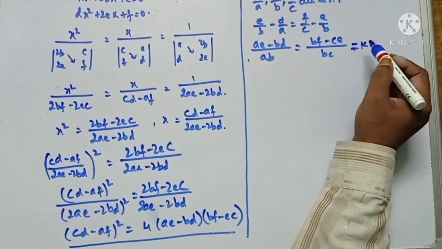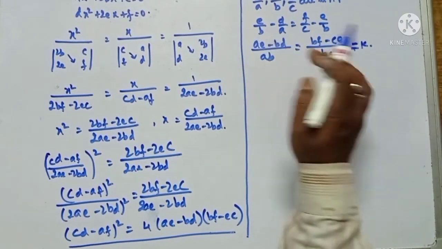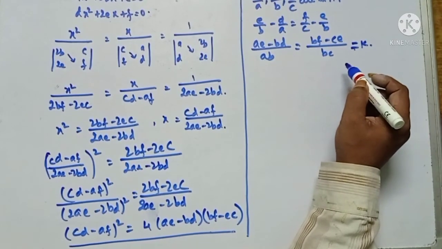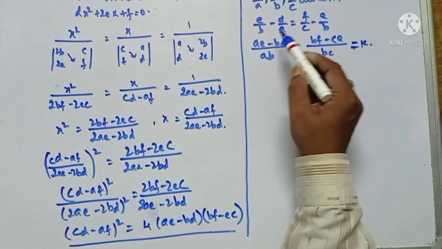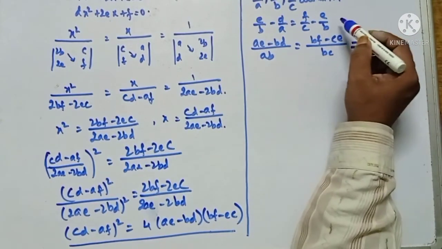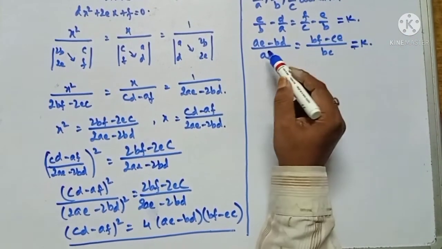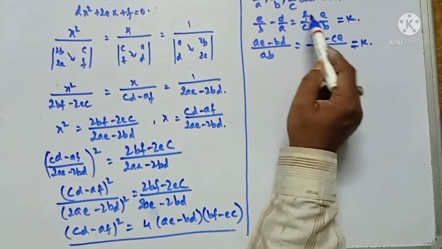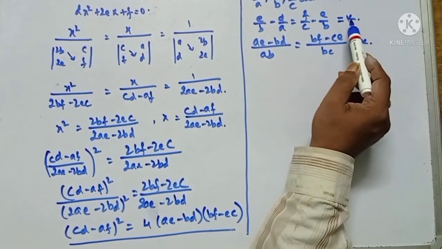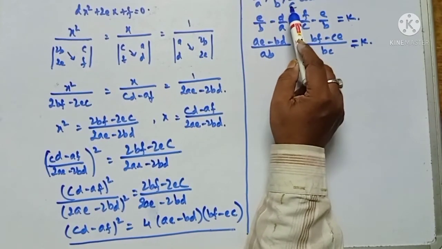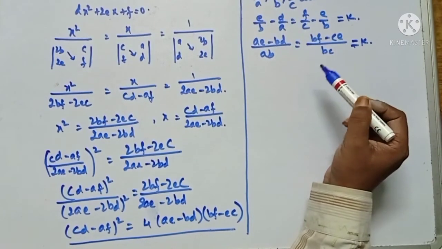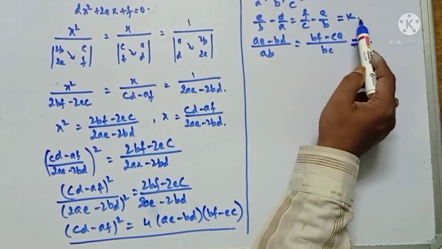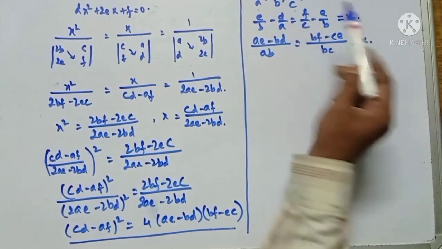Now you see there is an interesting phenomenon in AP. Here this is K, meaning these are all the same, K. The interesting phenomenon is that the difference of two consecutive terms in AP is constant. If it is K, then the difference of the first and the last term will be 2K. This is an interesting fact in AP, that if the difference in the consecutive terms is K, then the difference between the first and the last term will be 2K.